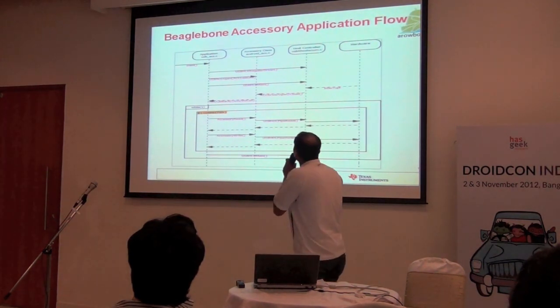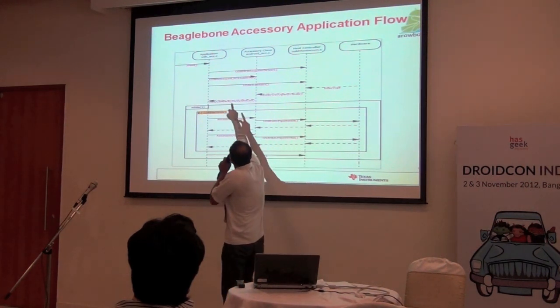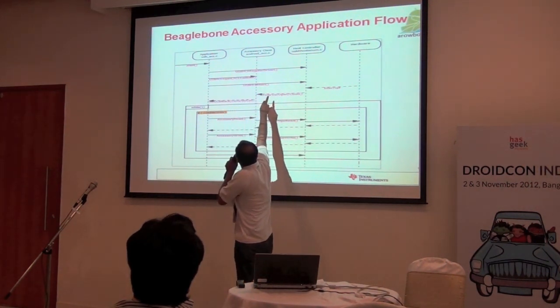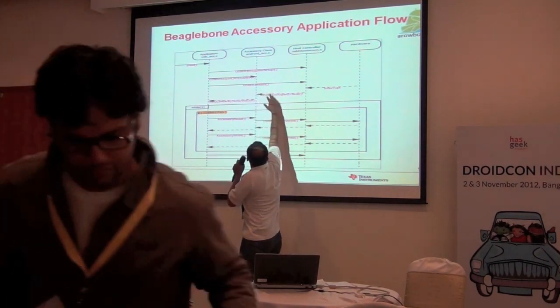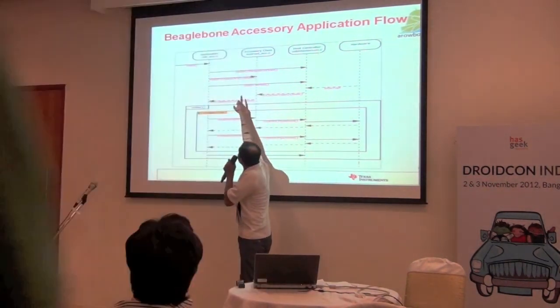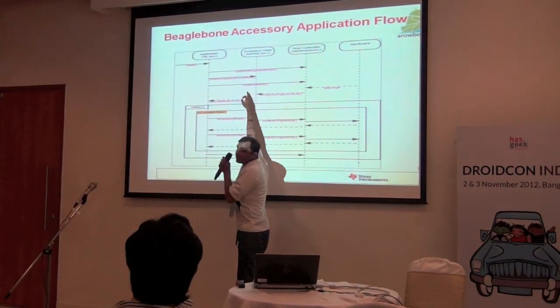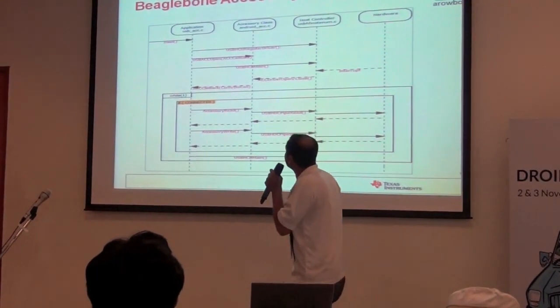So this is the BeagleBone accessory application flow. From main, you have to call USB register drivers. Then you have to register your accessory class driver with the host controller driver here. Then you have to register this ACC callback so that all notification events can be passed to your application.